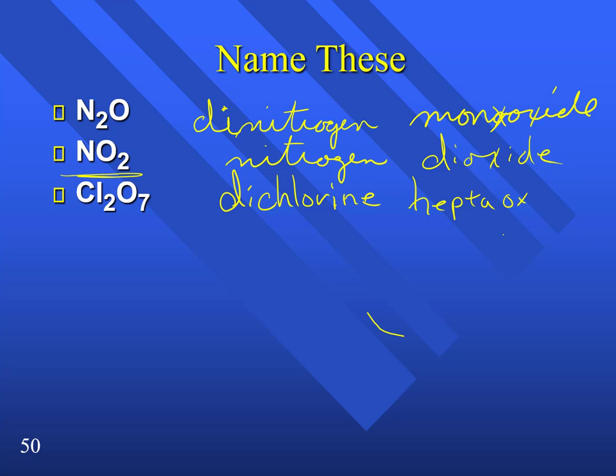No, I don't do heptaoxide. I do heptoxide. I keep the O because I keep that part of it. I'm keeping the part about the element. That's the important part. The A is unimportant in hepta. Dichlorine heptoxide. Yeah. Do you see Br4? I do, right there.